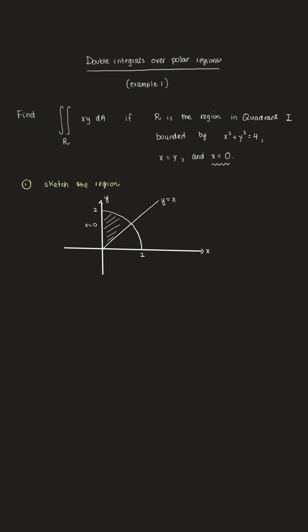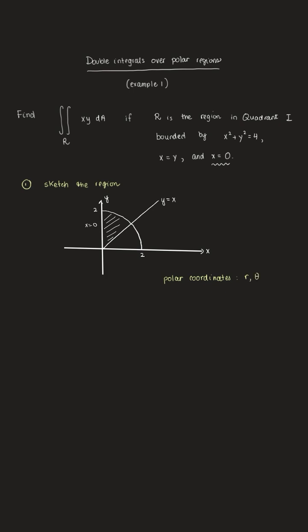Now, let's think about our polar coordinates. If we're going to change to polar coordinates, let's see the bounds of r and the bounds of theta from our region. We're going to need to think about r and theta.